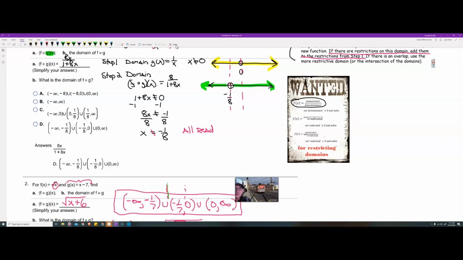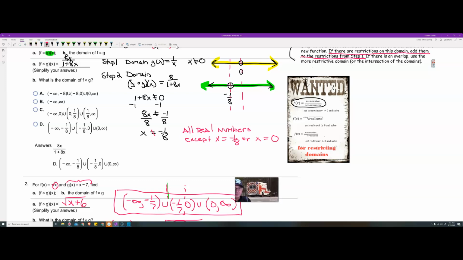Those two numbers would be -1/8 and 0. So a real simple way to write this is all real numbers except x equals -1/8 or x equals 0.